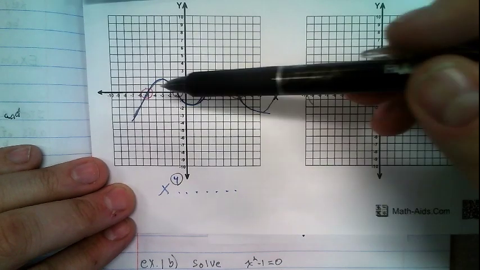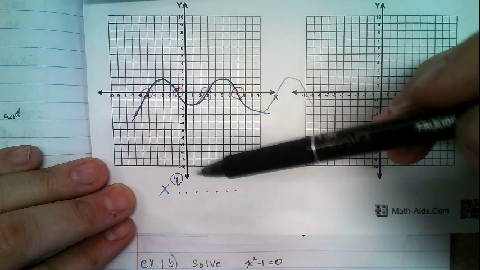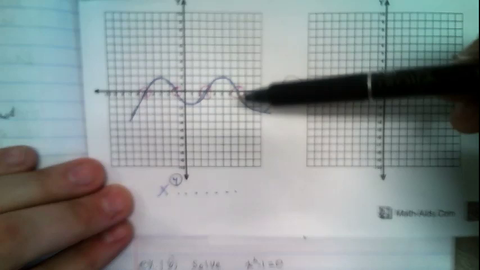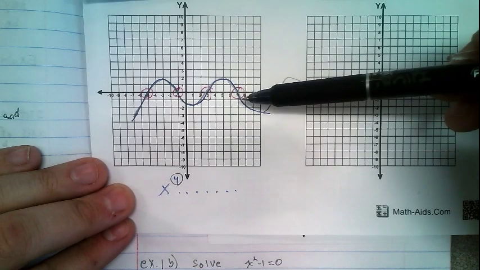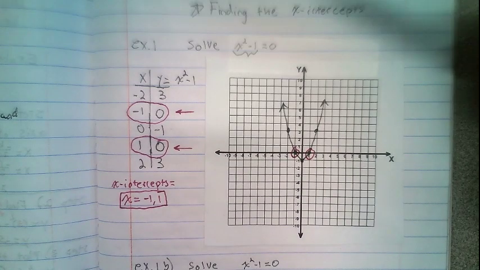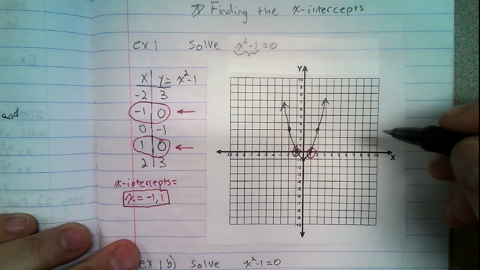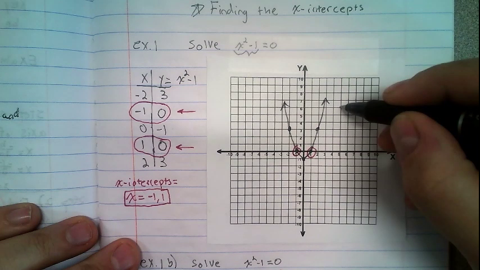So every time it curves, it has another opportunity to cross that x-axis, which means generally, if you have an exponent of 4, you'll have 1, 2, 3, 4 solutions. Okay? Now that's not always the case, and don't write this one down, because what if you had an equation like this?